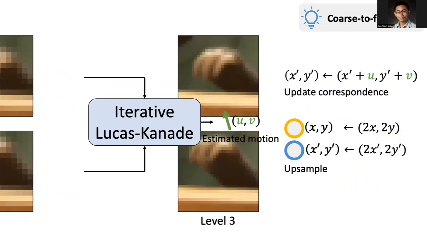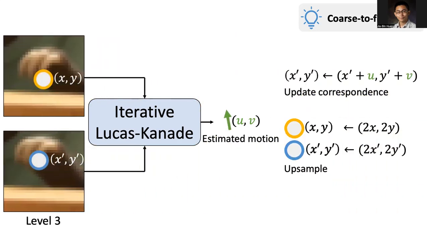Now you look at level 3, and your x plane, y plane is not the same location as x, y. It's the solution coming from the previous stage. So you can see that it's already pretty accurate. At this level, you only need to figure out what the tiny offset is, and this is where the Lucas-Kanade algorithm will work.